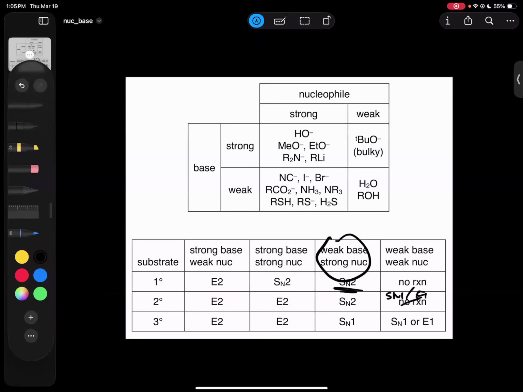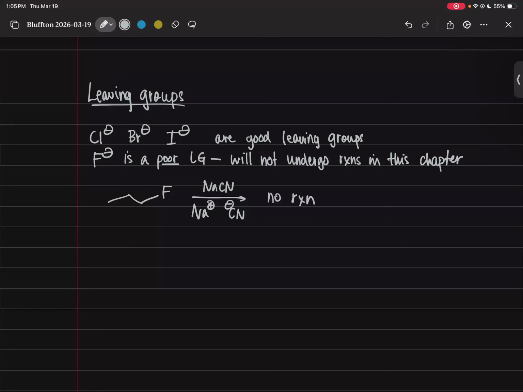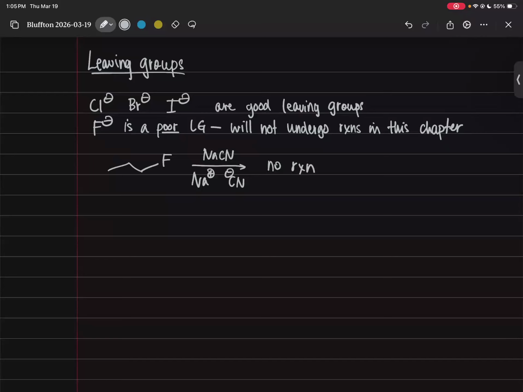So that should be SN2, right? Okay, so we're going to do an SN2 reaction. No, because fluoride is a poor leaving group. And so you would expect an SN2 reaction to occur, but because it's a fluoride, nothing. Okay, so as soon as you see that fluoride, well, that actually makes your life easier. Okay, so that's the halogens.